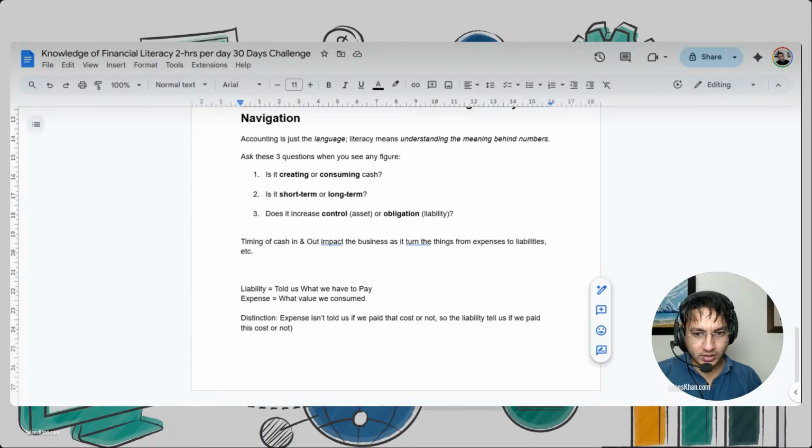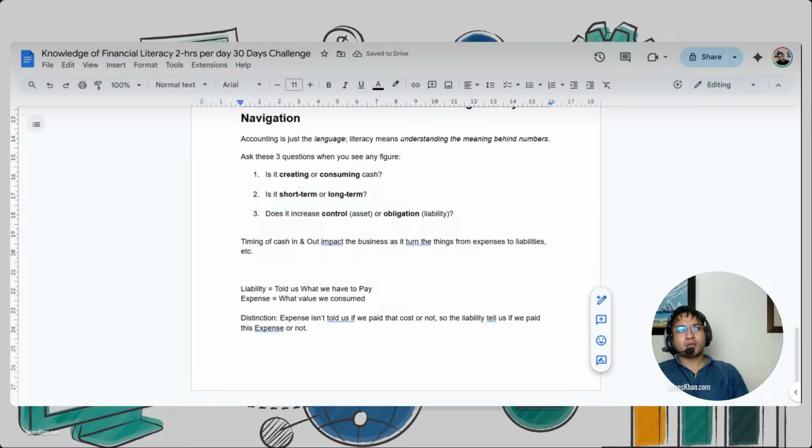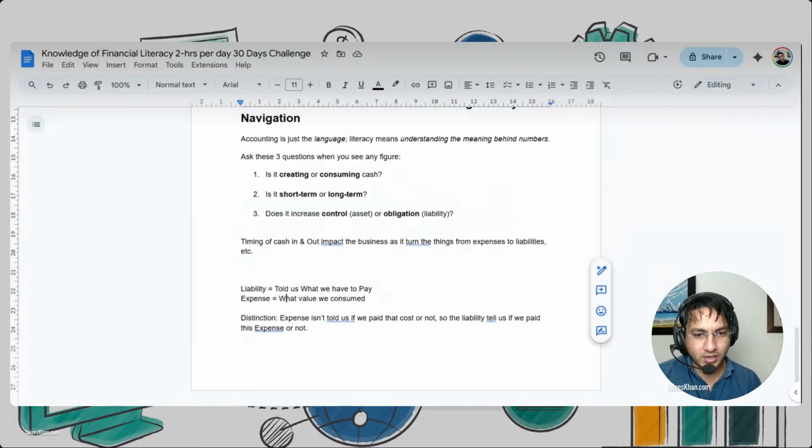So the liability tells us if we paid that cost or not. That's the key. Expense is telling us it cost us, the liability telling us if we paid that cost or not.